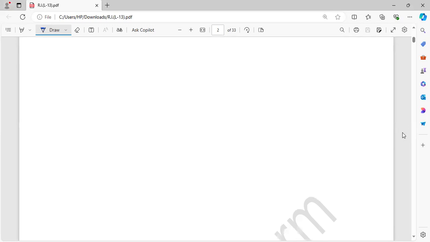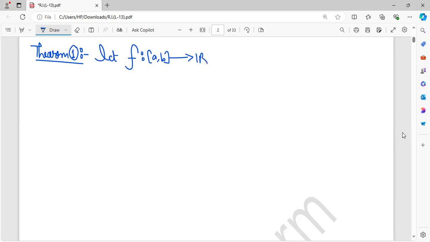What is theorem 1? Theorem 1 is: let f from closed interval [a, b] to R be a monotone function.